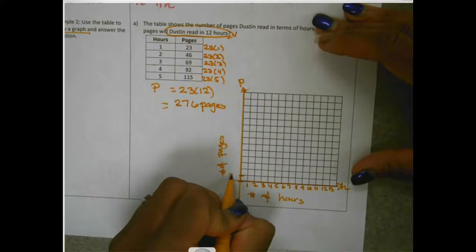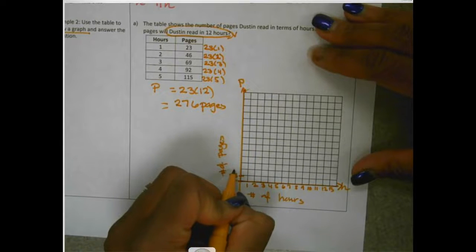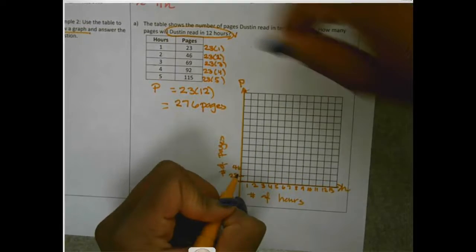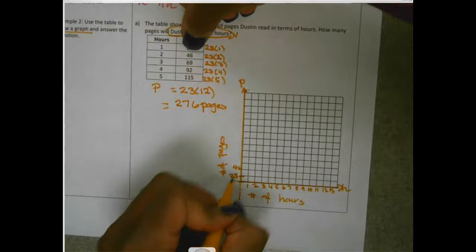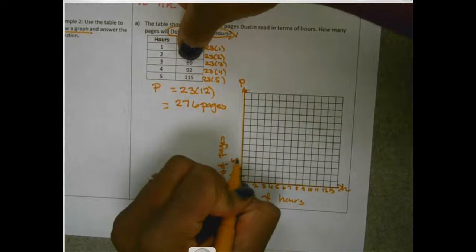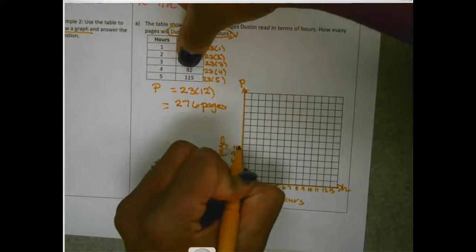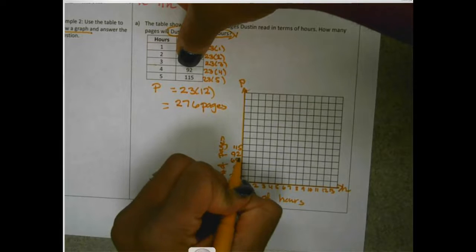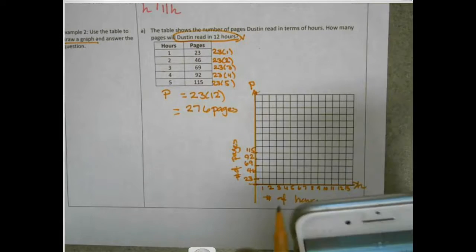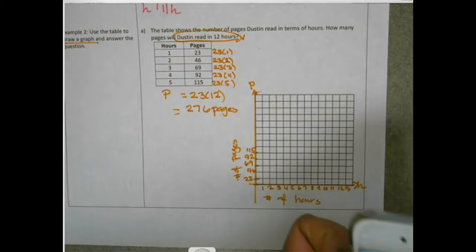And I'm going to go by 23s. So I've got 23, 46, using this as my guide, 46, 69, 92, 115. And then you can use your calculator and then just keep adding 23 each time.